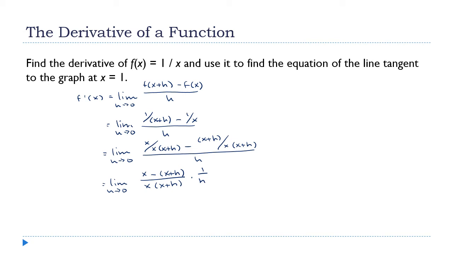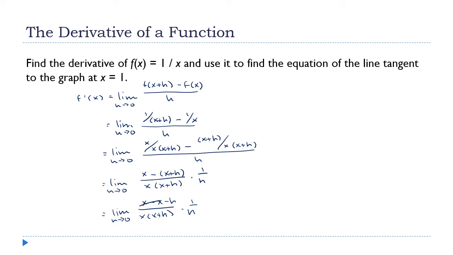All right, so good things are about to happen up on top. This is the limit as h approaches 0. This is x minus x plus h, still over that common denominator, times 1 over h. All right, x minus x, that's 0.